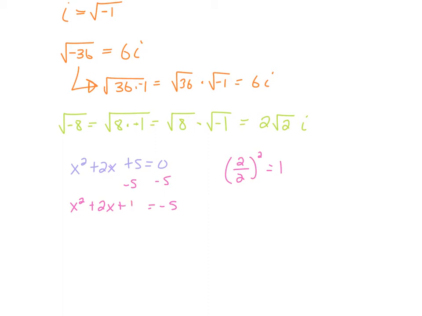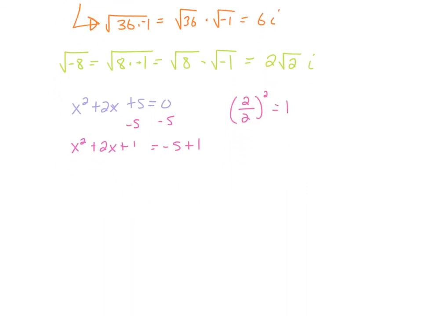So I'll add 1 there, and I'll also add 1 on the right-hand side. Now I can write my left as a perfect square. That's x plus 1 times x plus 1, or x plus 1 squared, equals -4.